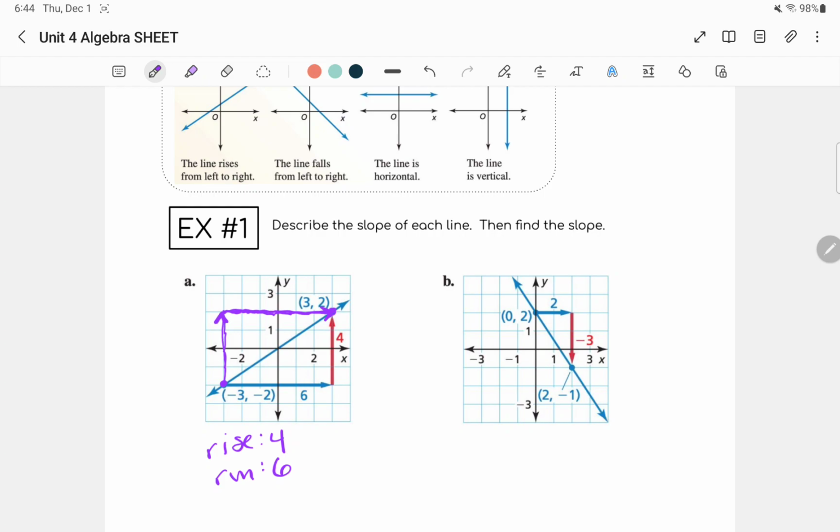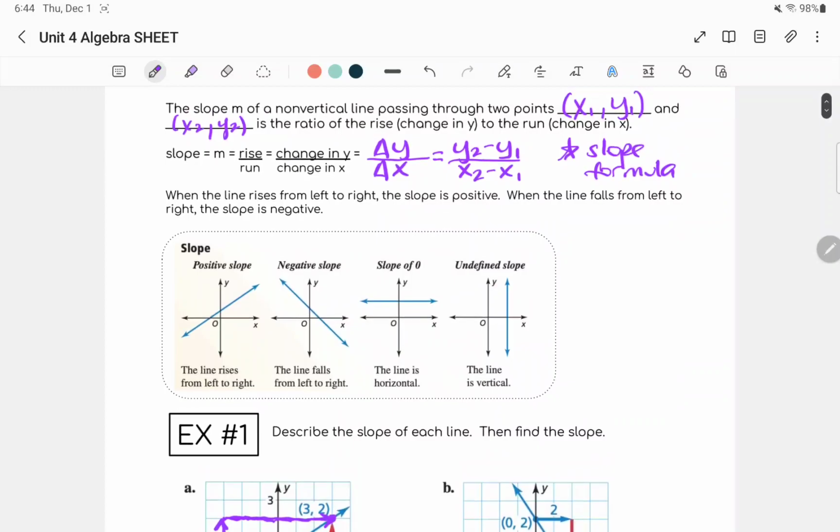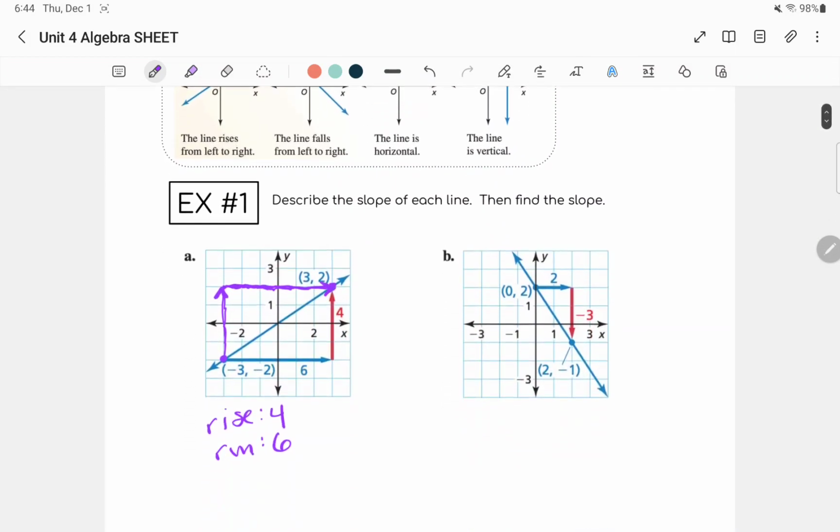And now again, our slope is rise over run. So that means I'm going to have 4 over 6. And that's it, except, is this fraction simplified? No, it is not. We need to divide by a number. And since they're both even, I'm going to divide by 2. So when I divide both of these by 2, I get 2 over 3. And that is my slope for letter A.